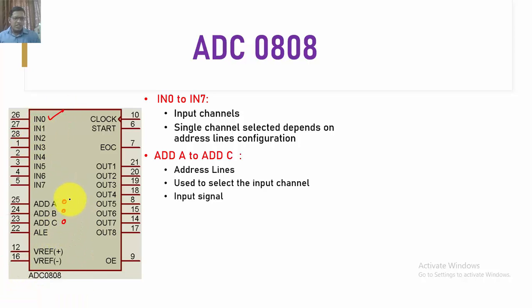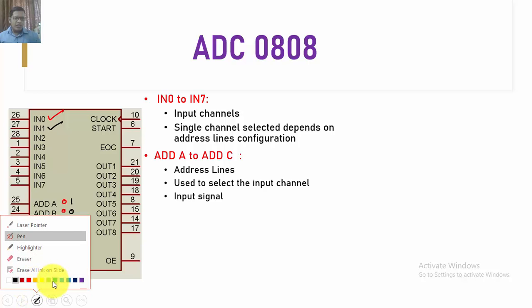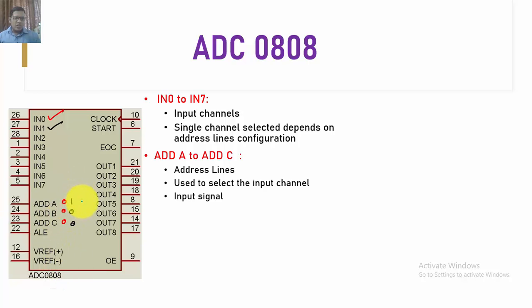If my bit configuration is 100, input channel 1 is selected. If the configuration is 111, right, then input channel 7 is selected. So in this way, depending upon the configuration of the address lines, a specific input channel is selected.